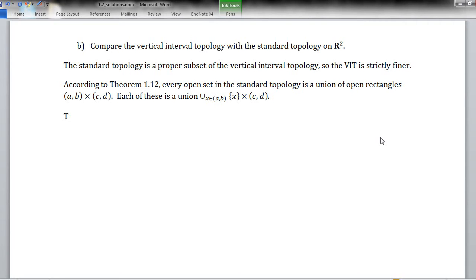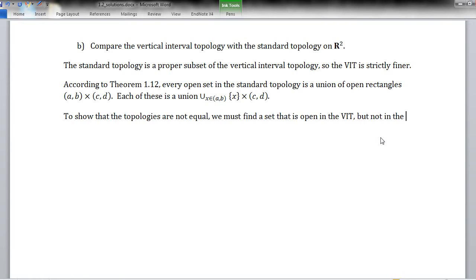So to show that the topologies are not equal, we must find a set that is open in the vertical interval topology, but not in the standard topology.